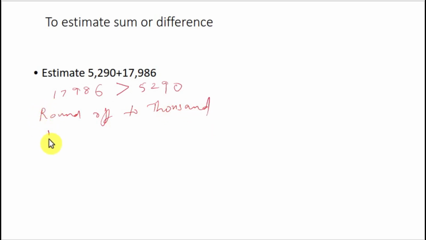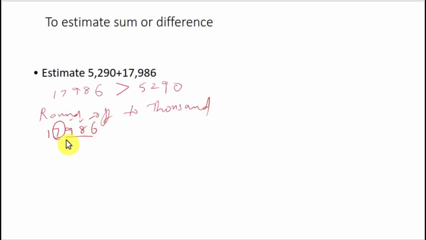Next is to estimate a sum or difference. We should have an idea of why we need to round off and the place to which we would round off. We know that 17986 is greater than 5290, so we are going to round off to 1000. When we round off 17986, this is the thousands place, then hundreds, tens, ones.